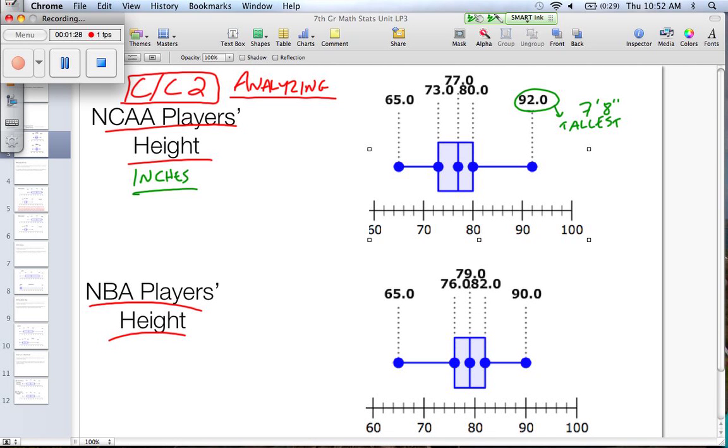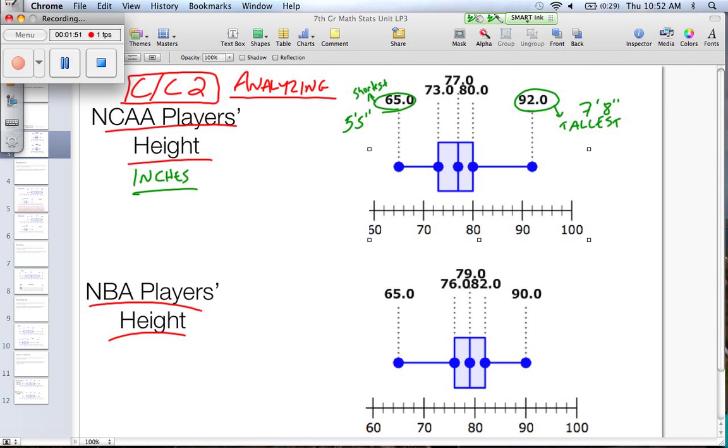Okay? 65, that is my lower extreme, or the shortest player. This person is 5'5". Easy enough. But what matters more importantly than that is what goes on here in the box.